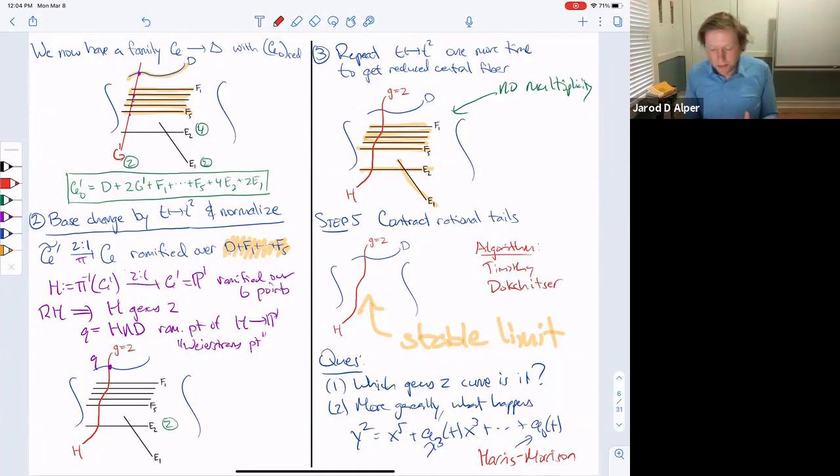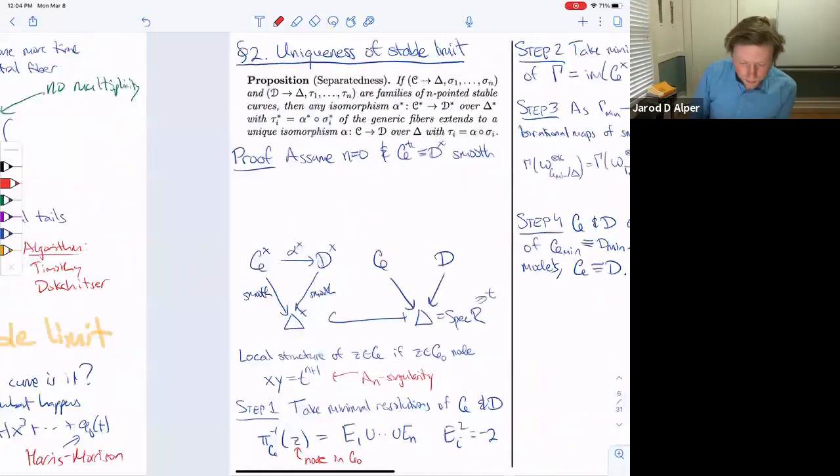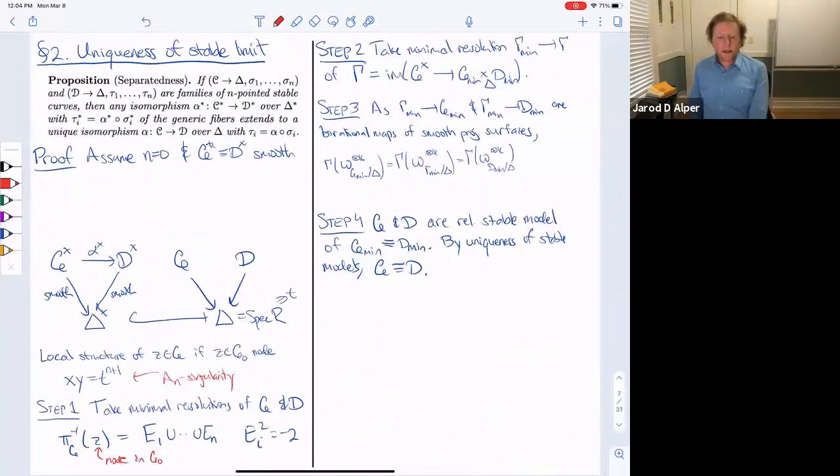Let me wrap up the stable reduction argument by showing you the uniqueness of the stable limit. All right. So this is the separatedness statement, and you can read what's written here, but let me just explain. In a picture here, we're going to assume that there's no marked points, and we're going to assume that the generic fiber is smooth.